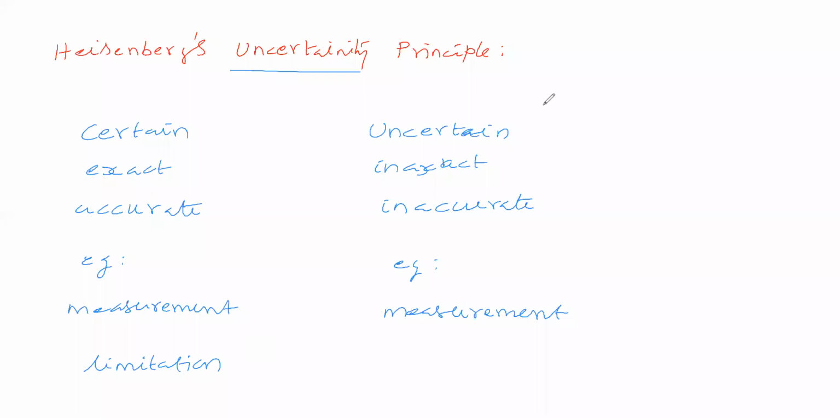Whatever measurement you take will have uncertainty. This is naturally happening. So how do we say that all the measurements are inaccurate?